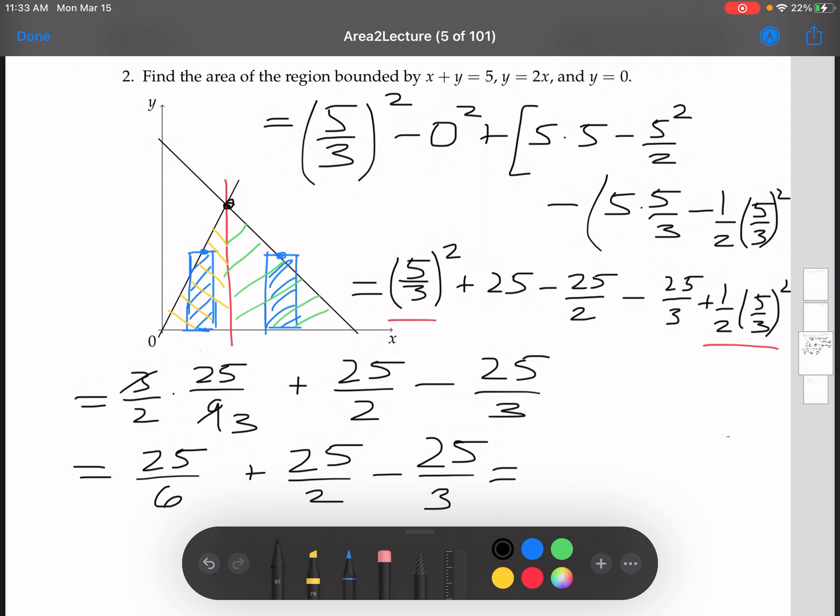I'll factor out the 25 and think of this as 1/6 plus 1/2 minus 1/3.